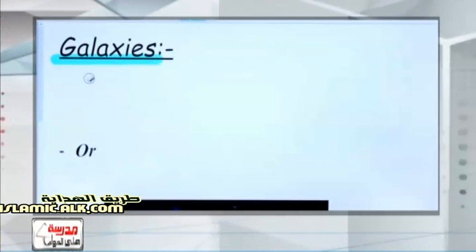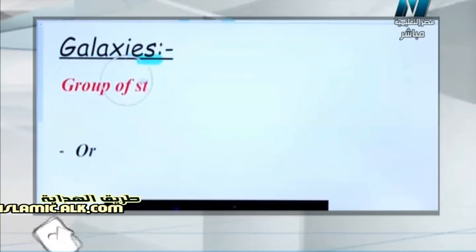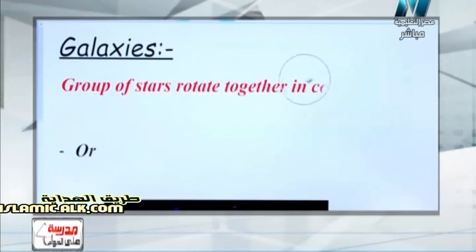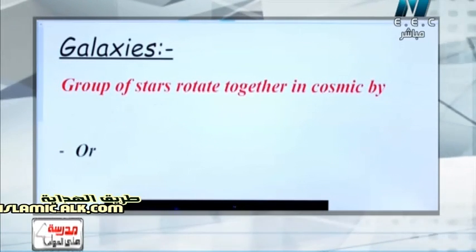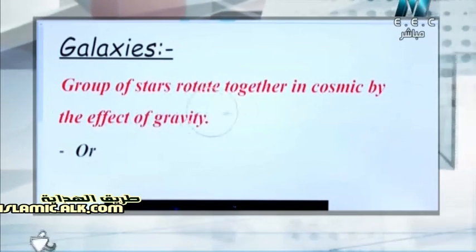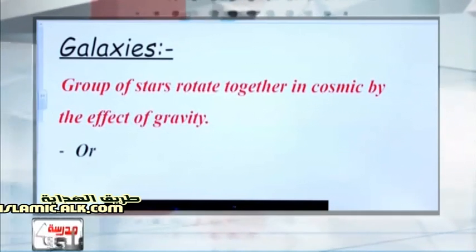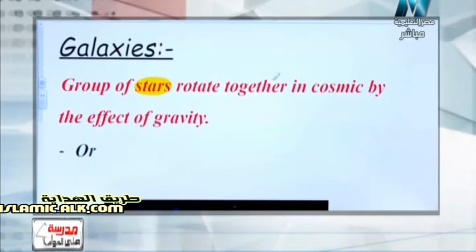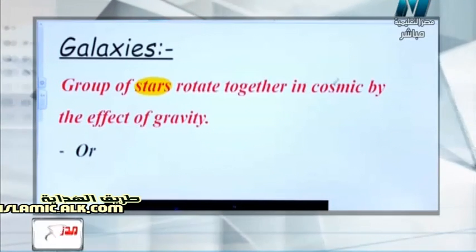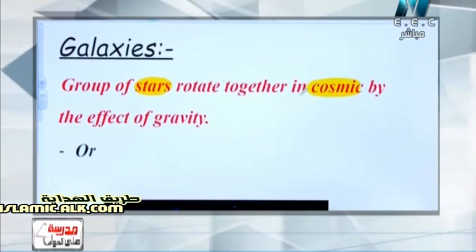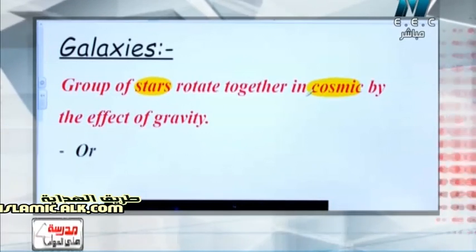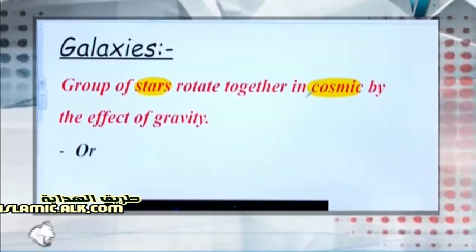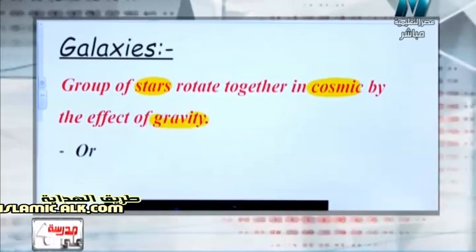As you see here, galaxies are a group of stars rotate together in cosmic by the effect of gravity. يعني هي طبعا group of stars، مجموعة من النجوم rotate together or gathering، اتجمعت in cosmic يعني الفضاء الكوني أو السبيس by the effect of gravity.